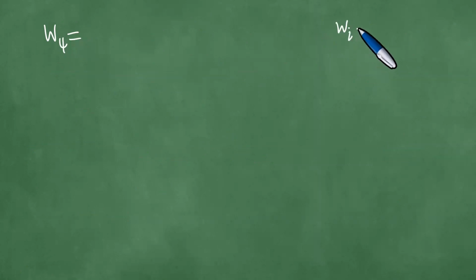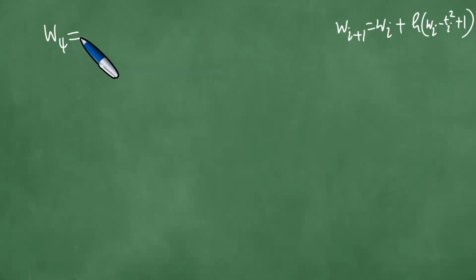Right, so the W(i+1) formula is W_i plus h times f, where f is W_i minus T_i squared plus 1. Just writing that. Now if you find W4, it occurs when i is 3.